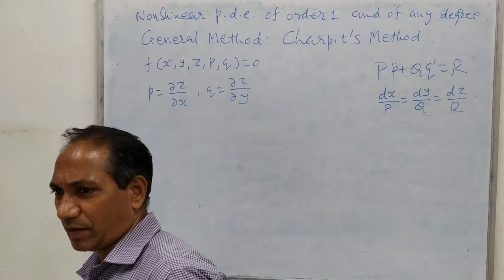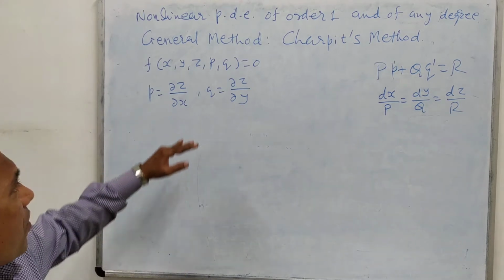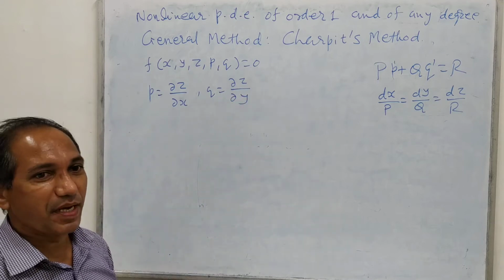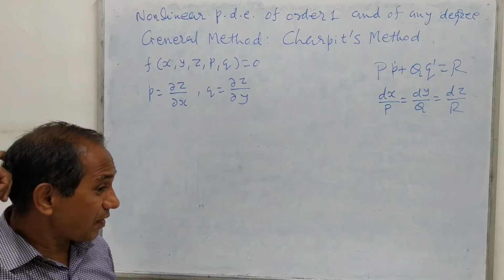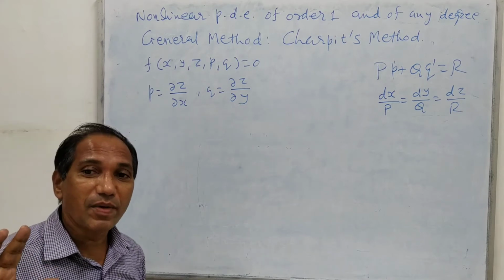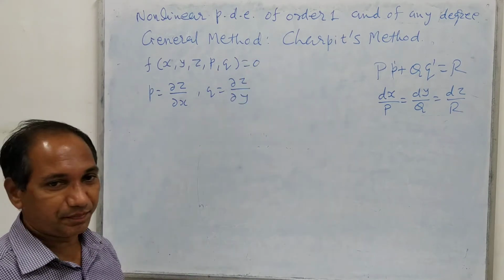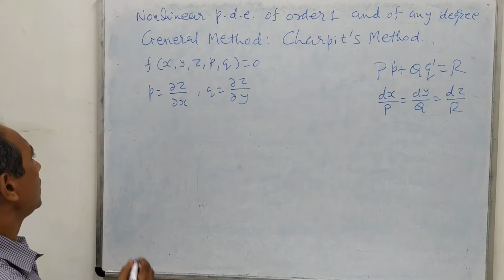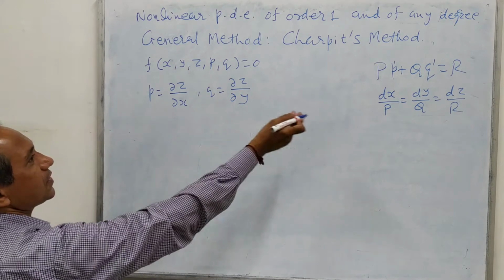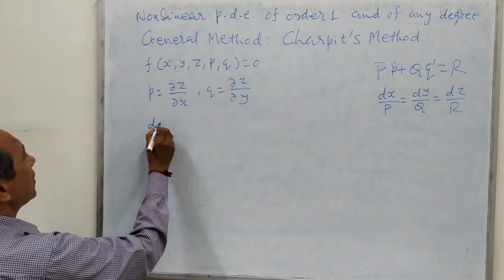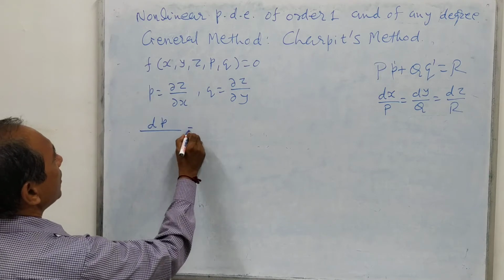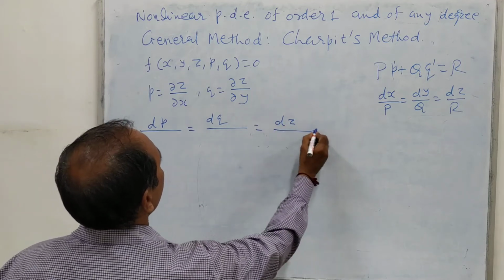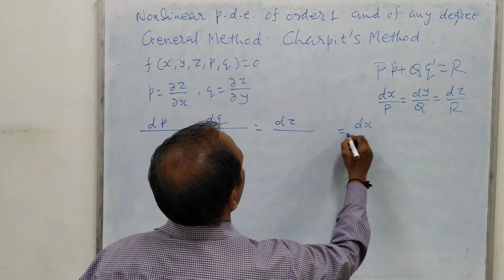This was the Lagrange equation. Okay, but here we want to see the nonlinear equation, and we want to apply Charpit's method, because in the examination you will always be asked the question with the name of this method. So to solve this equation, we will require to find the auxiliary equations in the form of dp upon, dq upon, dz upon, dx upon and dy upon.